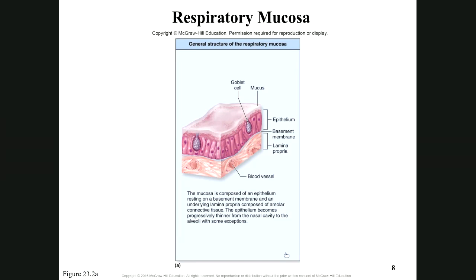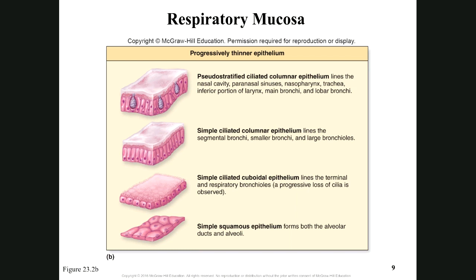Now, when we come down from the nasal cavity and trachea to the bronchus, bronchioles, and then the respiratory bronchioles, alveolar duct, and then the wall of the alveolus, the thickness of our epithelium becomes thinner and thinner.